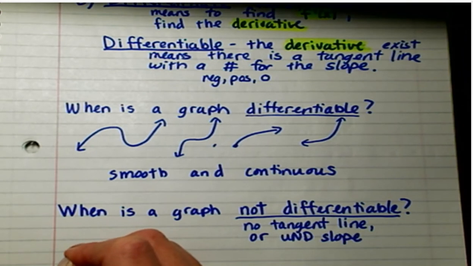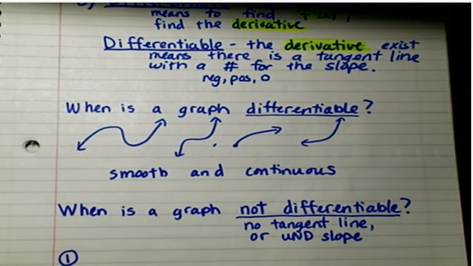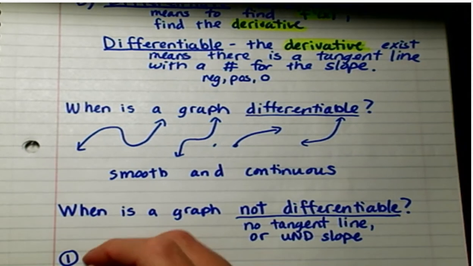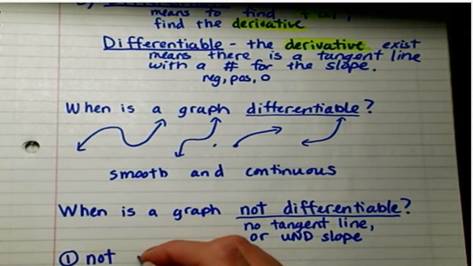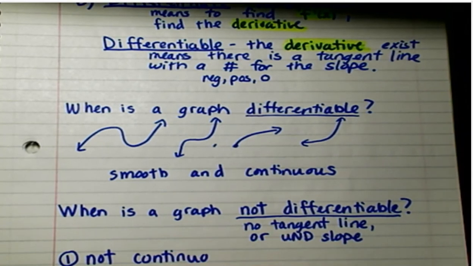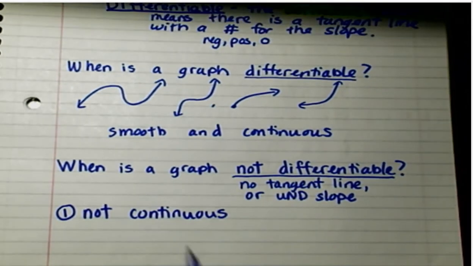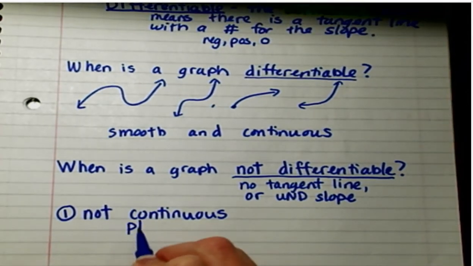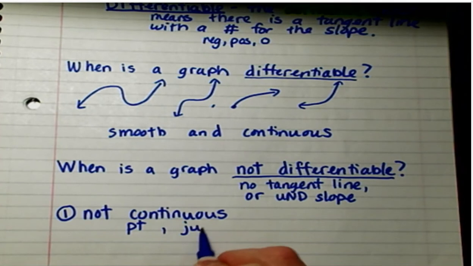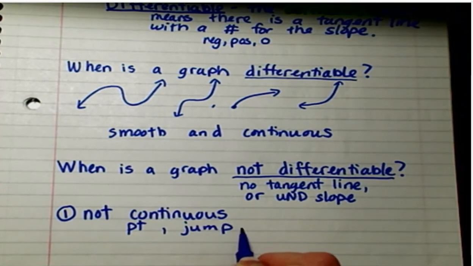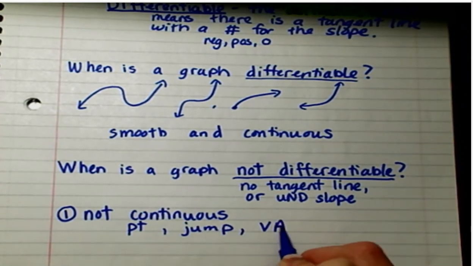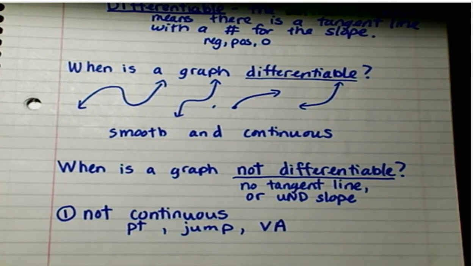So we have 2 things that make a graph not differentiable. The first one is not continuous. We know what not continuous looks like: point, jump, vertical asymptote, all of those things.